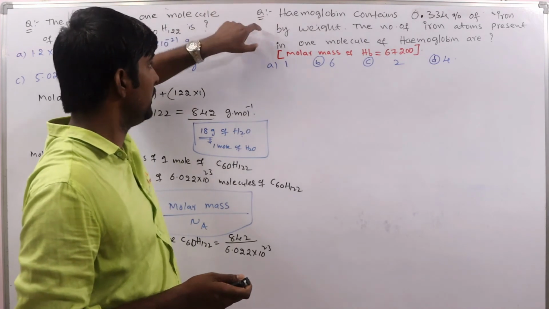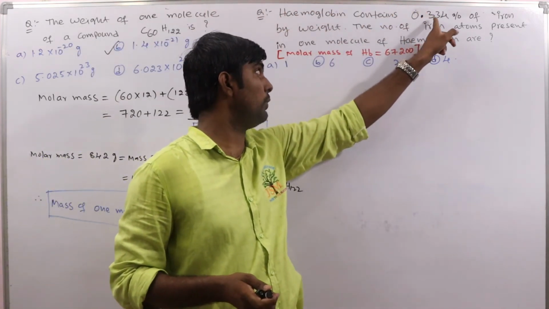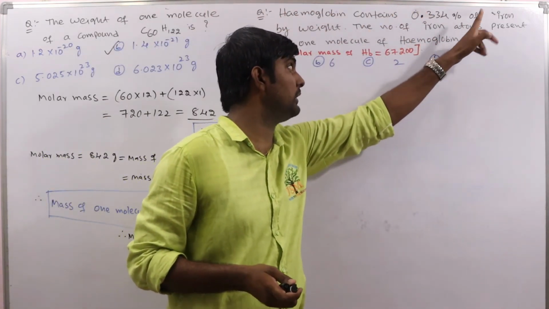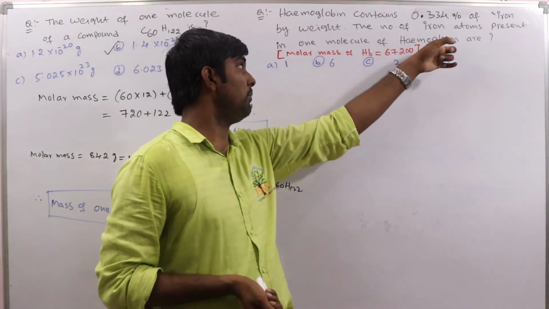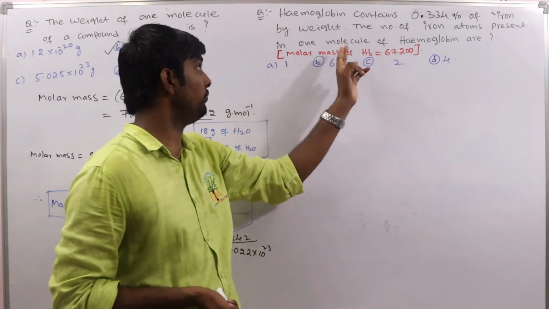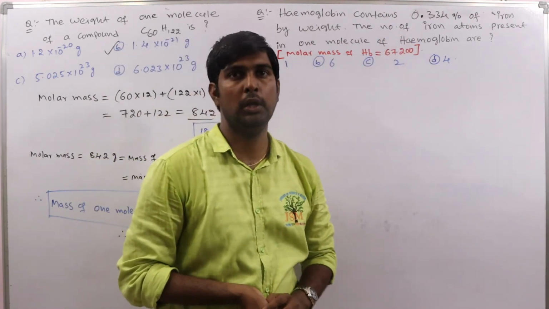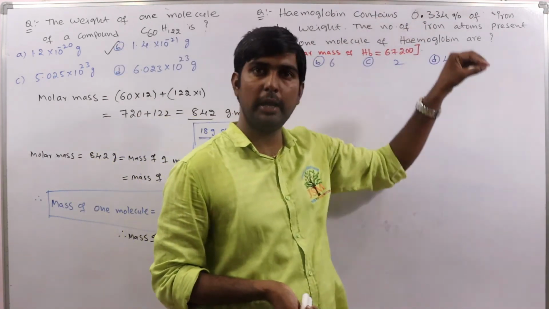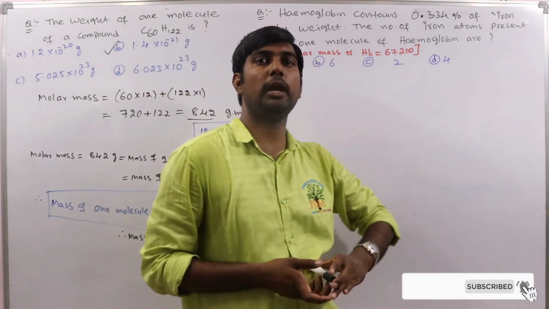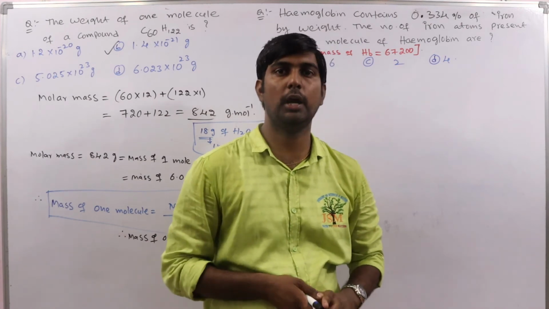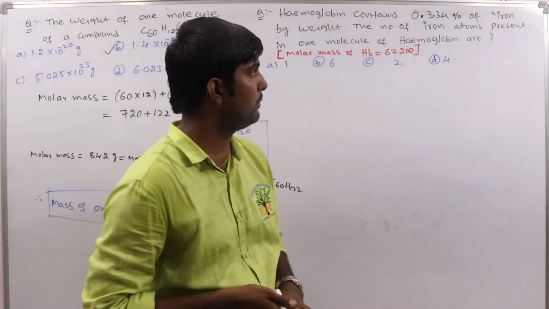Hemoglobin contains 0.334 percent of iron by weight, and how many iron atoms are present in one hemoglobin molecule? The weight percentage of iron is given in the hemoglobin molecule, so we have to calculate how many iron atoms are present in one hemoglobin molecule.